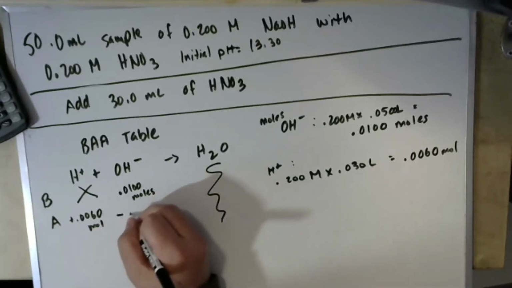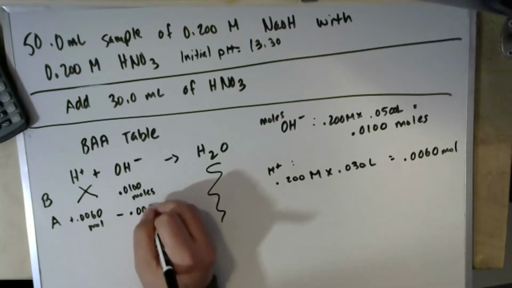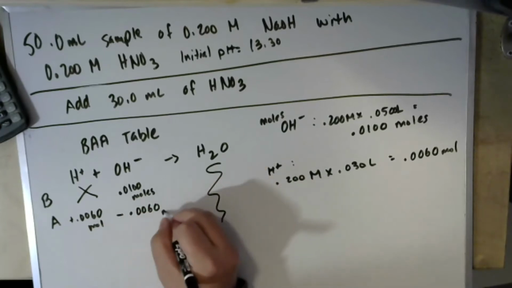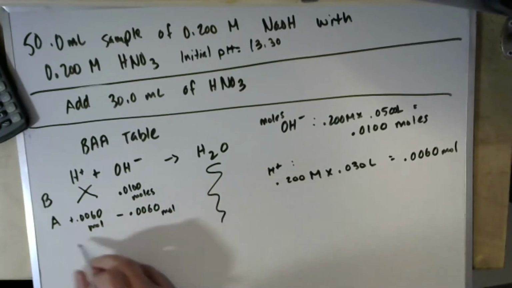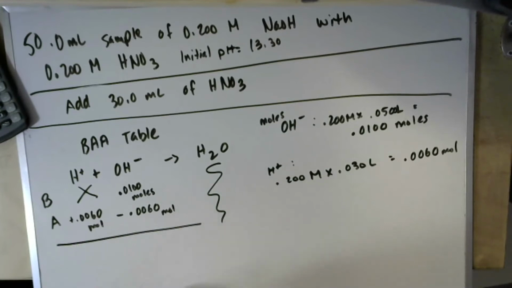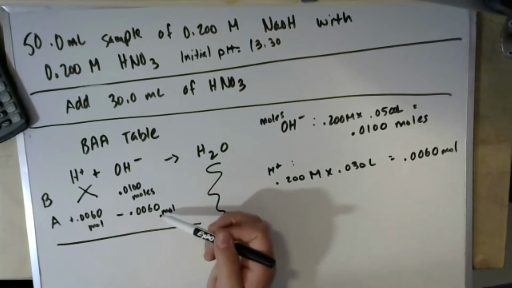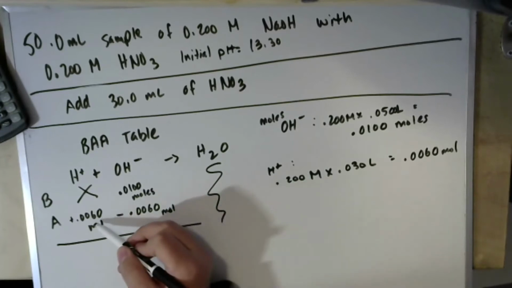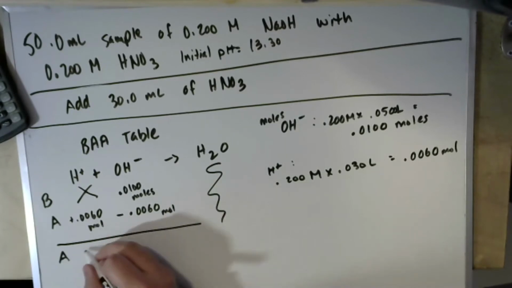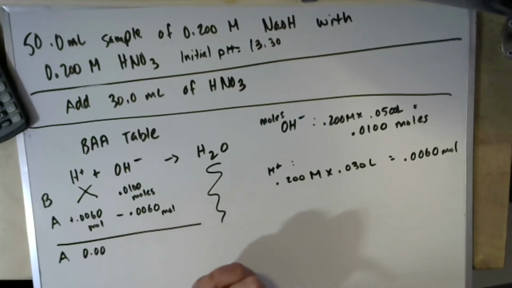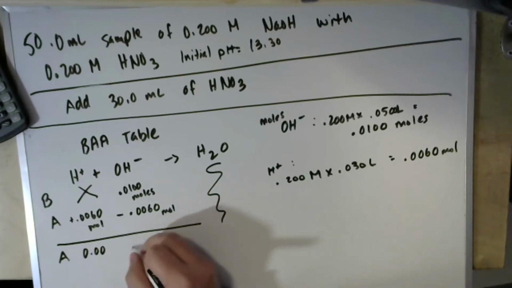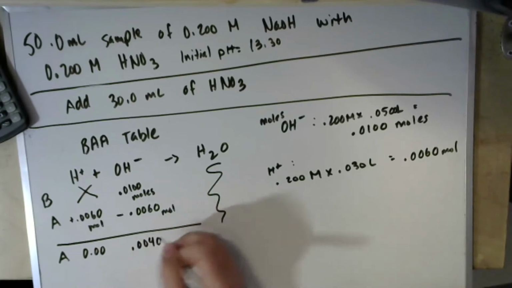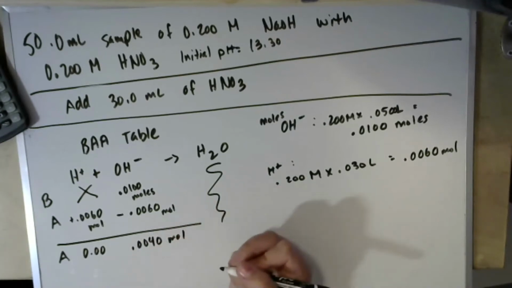So we could think about this as using up the OH minus. There's more hydroxide than hydrogen ion here. That means all of our H plus is going to get used up in this process, and we're going to have none left. And we're going to have 0.004 moles of the OH minus left over.